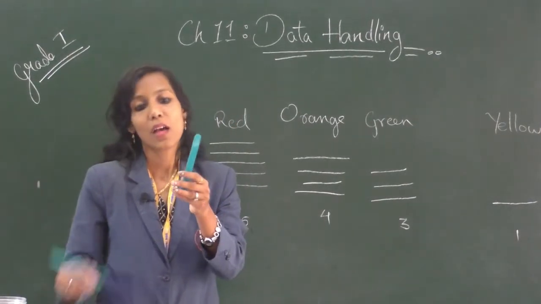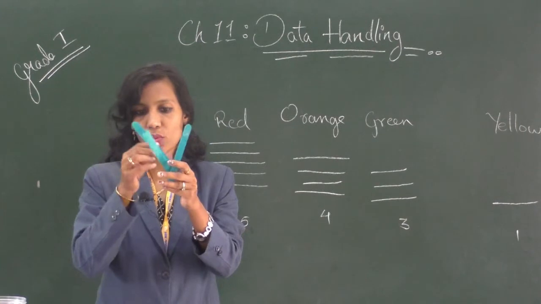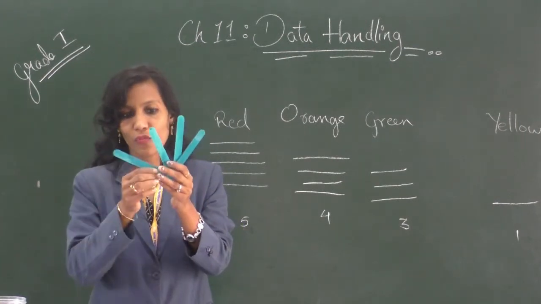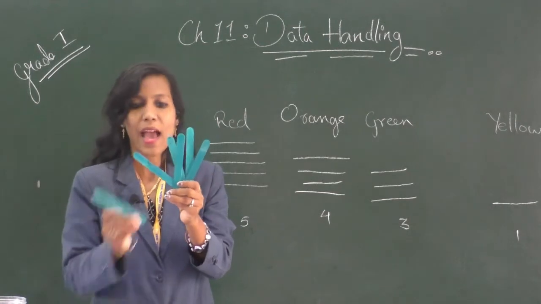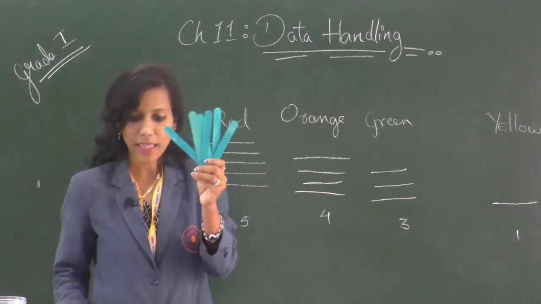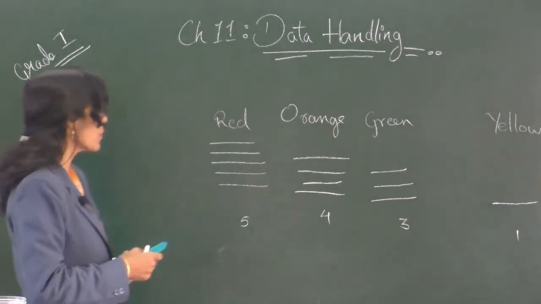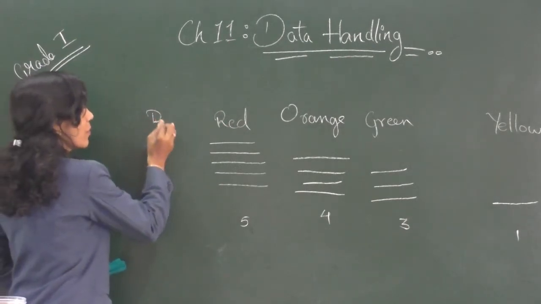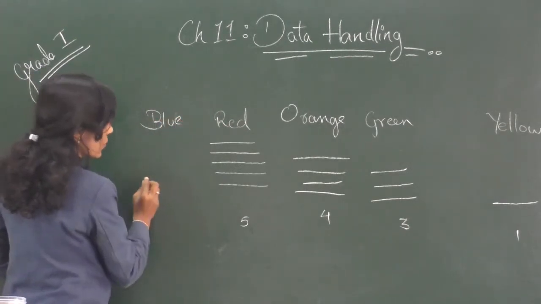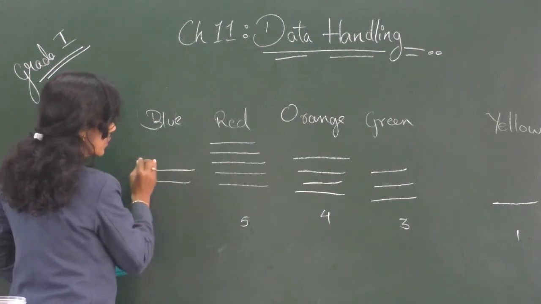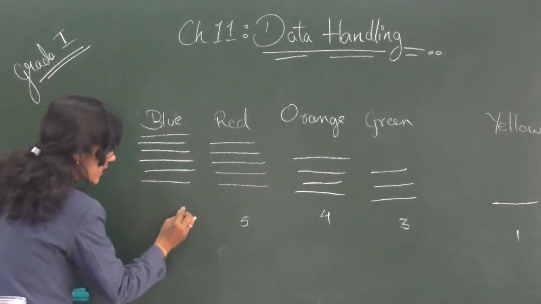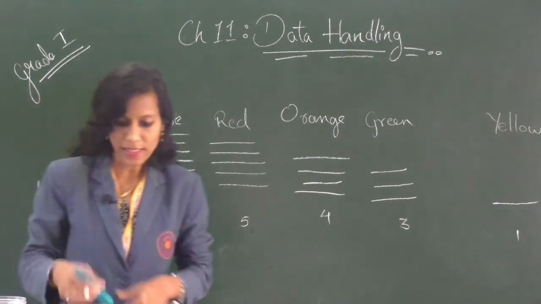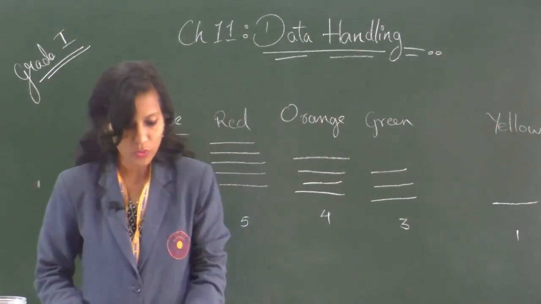Now the color blue. 1, 2, 3, 4, 5 and 6. So under blue I have 6 sticks.